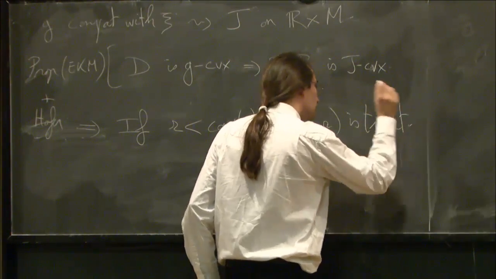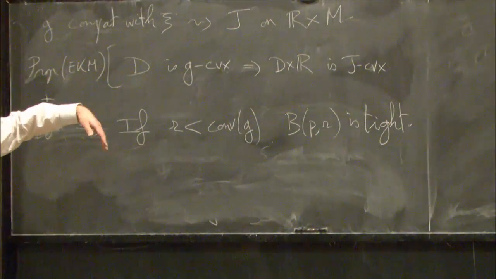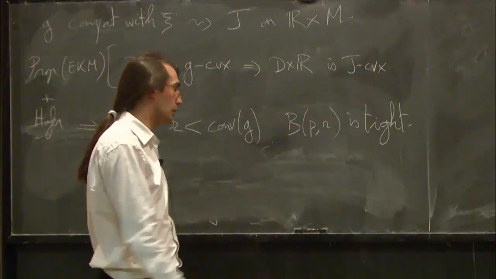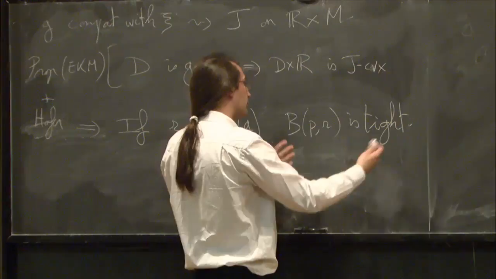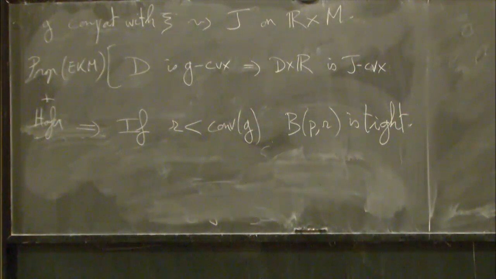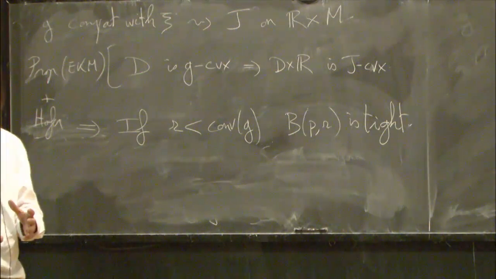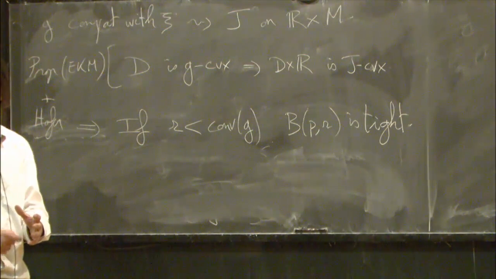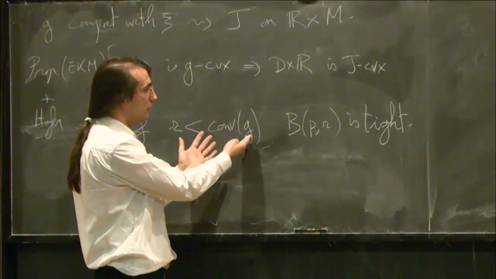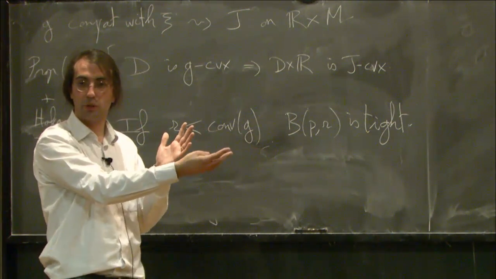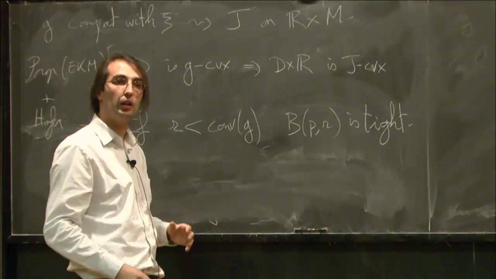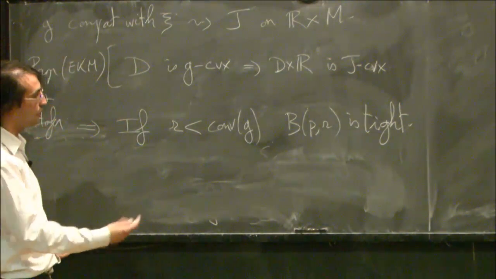Because the convexity prevents holomorphic curves from escaping, so you can run holomorphic curves in this ball times R, and it gives you a contractible Reeb orbit. But this contractible Reeb orbit is a closed geodesic too, because the Reeb vector field is geodesic, and a ball below the convexity radius cannot contain a closed geodesic, for the reason I've explained earlier. It would be tangent somewhere to a sphere which is convex, tangent from the interior.